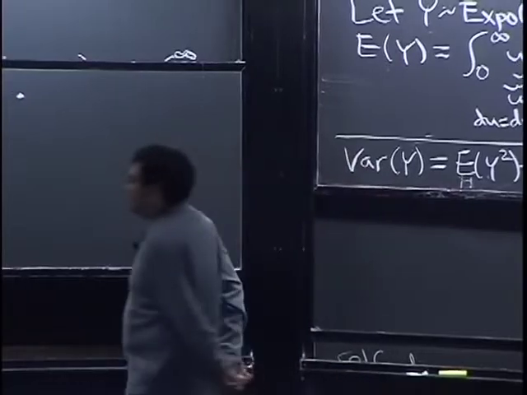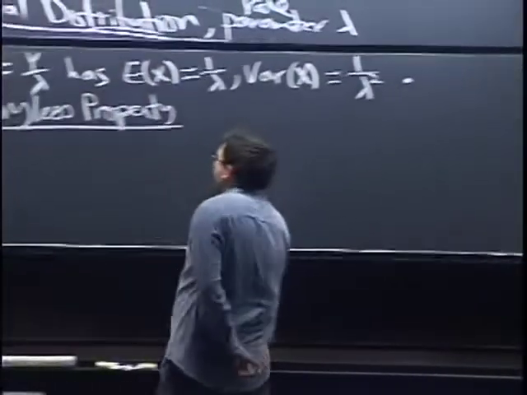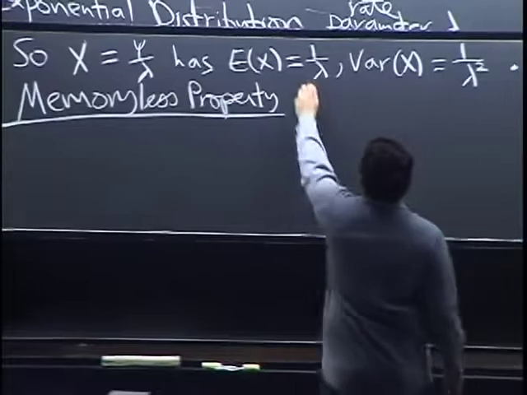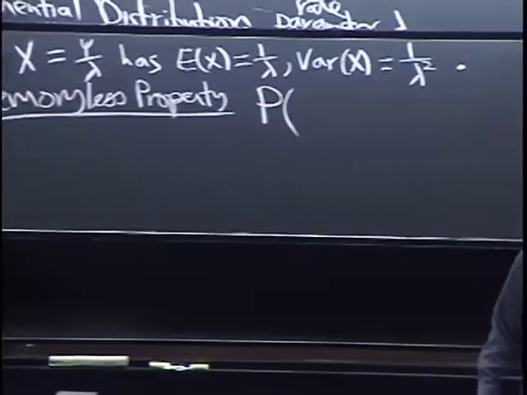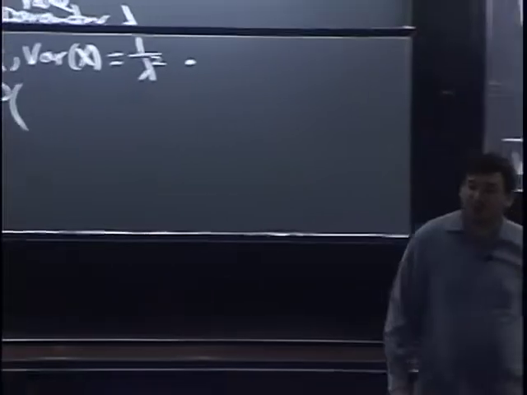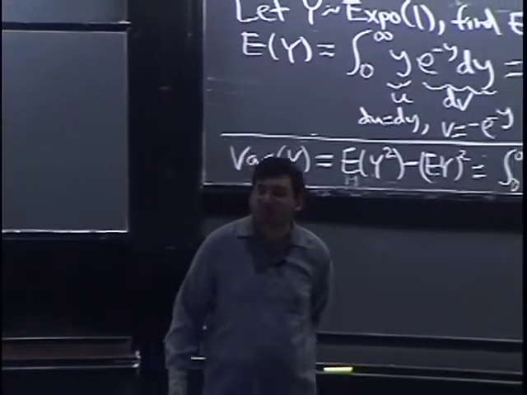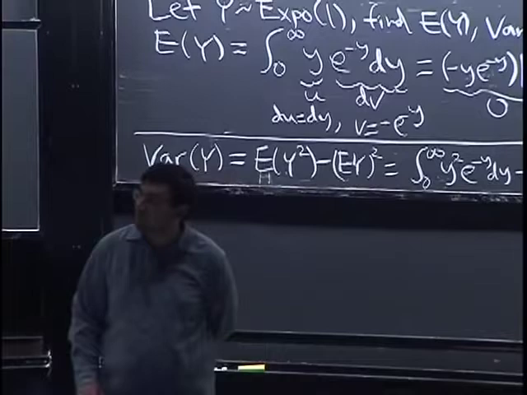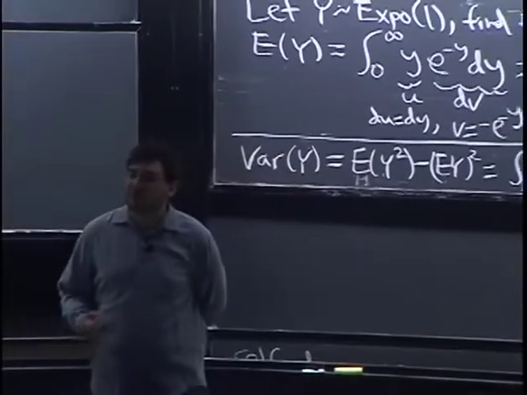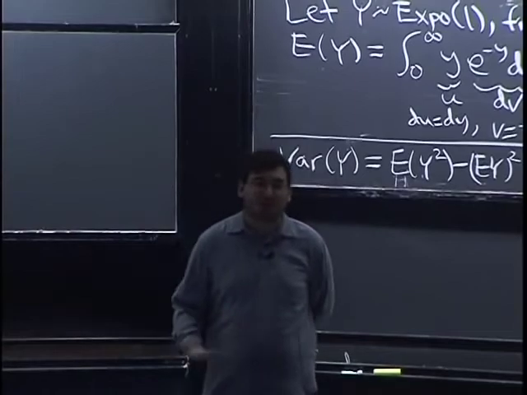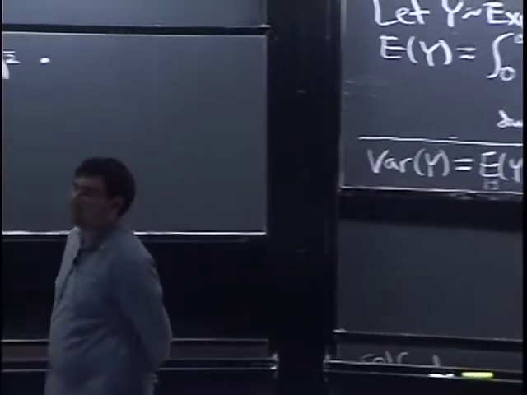Okay, so memoryless property means that, well, see if we can remember that midterm practice problem. What did it say about memorylessness? It said no matter how long you've waited, then it's like you're starting over from fresh. Okay, I think that's what it said, right?